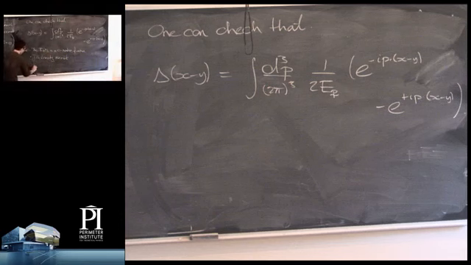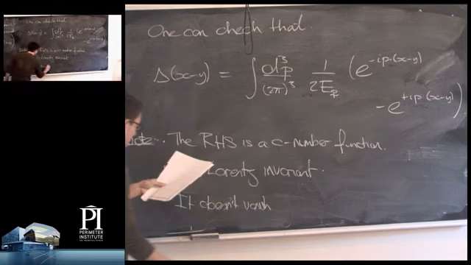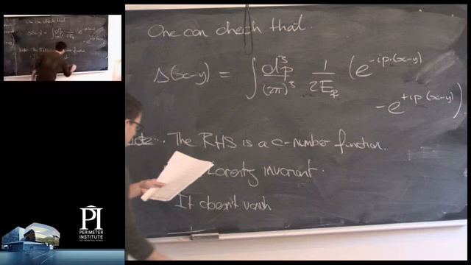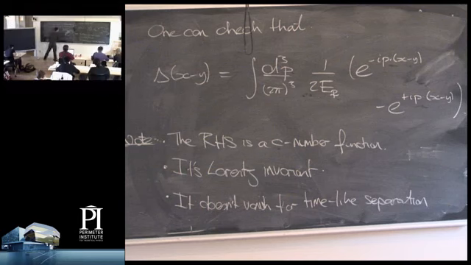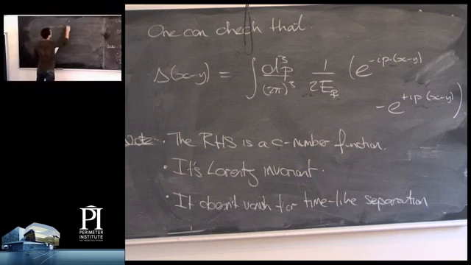It doesn't vanish for time-like separated events. So for example, if x minus y is equal to (t,0,0,0), which means that the operator O2 is inserted within the light cone of operator O1, you wouldn't expect any reason they commute.